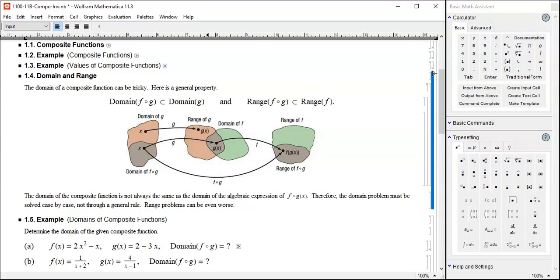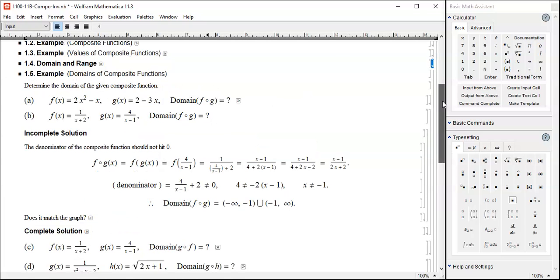Go back to this picture. The domain of the composite function is going to be contained in the domain of g. So even if we get x to z, if it doesn't come via g and then f, if there are any other paths going directly, then that's not the composite function.